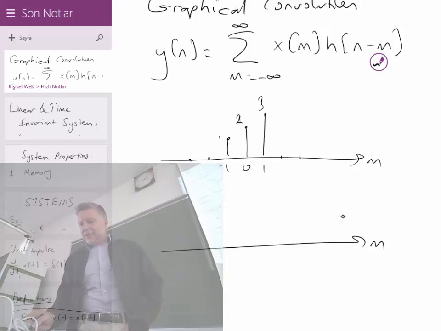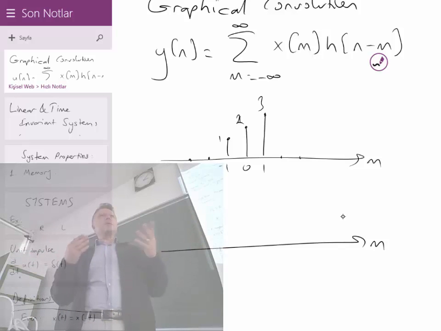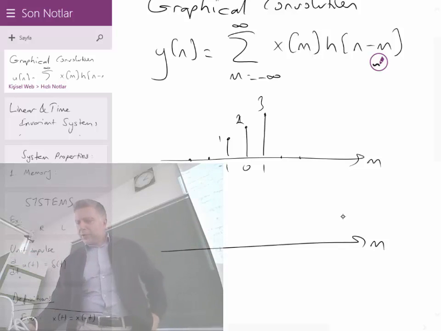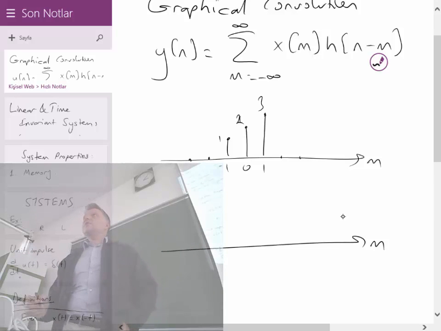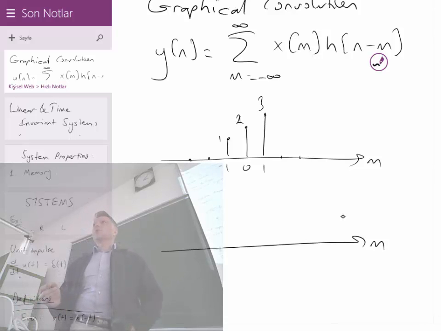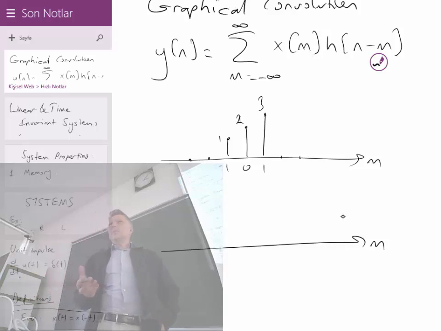If I multiply x of m by h of 0 minus m, and add them up for all m, I will get y of 0. So for n equal to 0, what is h of minus m? How do we draw h of minus m? We just invert it in time. Time flip around. Instead of h of m, now we have h of minus m.